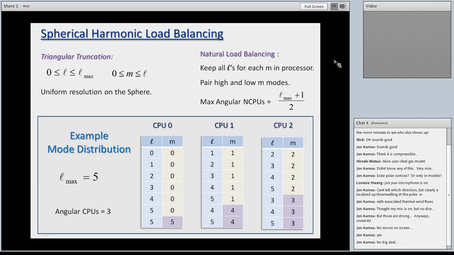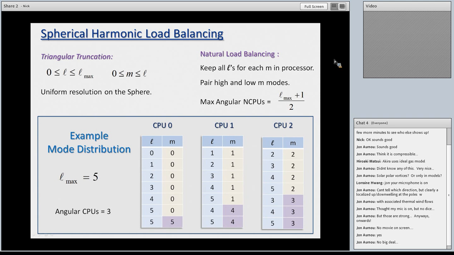An example of how you do this pairing is shown in this box at the bottom. This is just for a case with L max equals 5, and you've got 3 cores, CPUs, whatever you want to call them, that you've distributed the load across. So you pair the lowest M, M equals 0, which has 6 L values associated with it, with the highest M, which is 5, which has 1 L value associated with it, and then you move across.